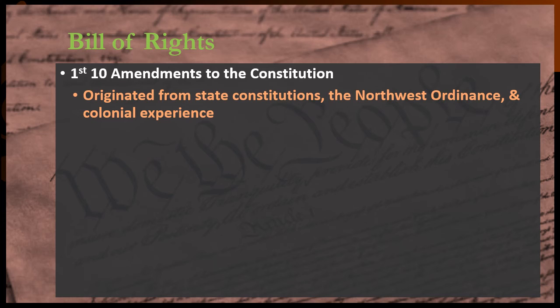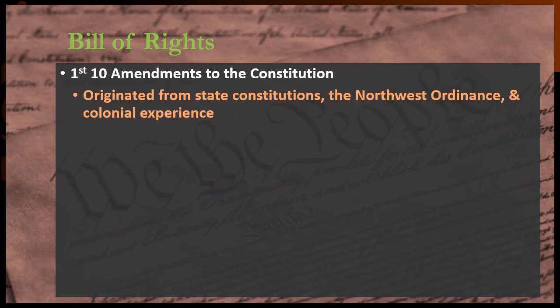The other thing that we want to keep in mind is that none of them are really new. The Bill of Rights come from the states, mostly Virginia. They're mostly copied from Virginia. They come from the Northwest Ordinance, which actually is pretty much copied from Virginia, and colonial experience. That is, people didn't sit around and invent a whole bunch of new rights when they wrote these 10 amendments to the US Constitution.